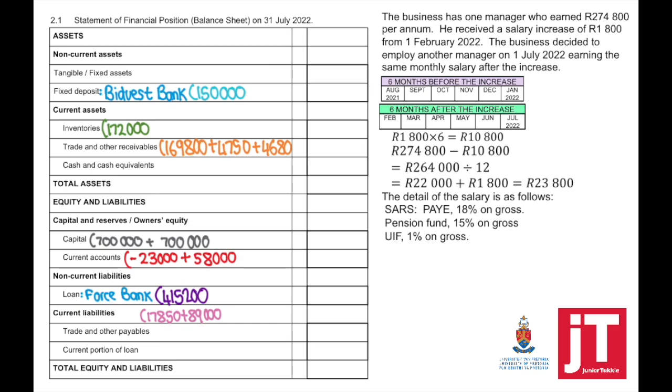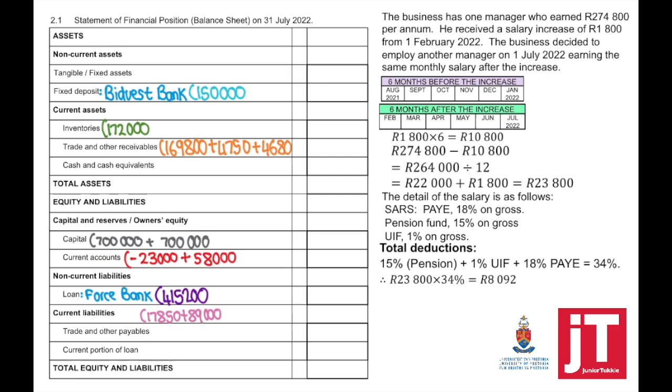They said the details of the salary are as follows. SARS pay-as-you-earn, 18% on gross. Pension fund, 15% on gross. UIF, 1% on gross. This means that if we look at our total deductions, 15% is my pension fund, 1% is my UIF, 18% is my pay-as-you-earn.